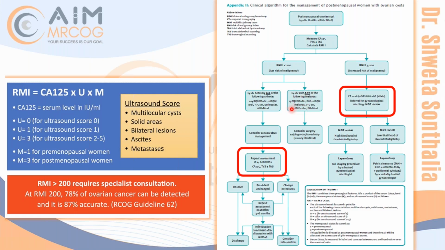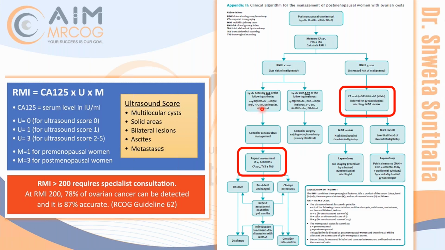So in symptomatic you cannot leave it. If it is a non-simple cyst, you can't leave it. If multilocular, if more than 5 centimeter, you can't leave it. If it is bilateral, you can't leave it. So just keep these things in mind. It's very, very important that in such a scenario, straight away laparoscopic bilateral salpingoophorectomy would be your choice.